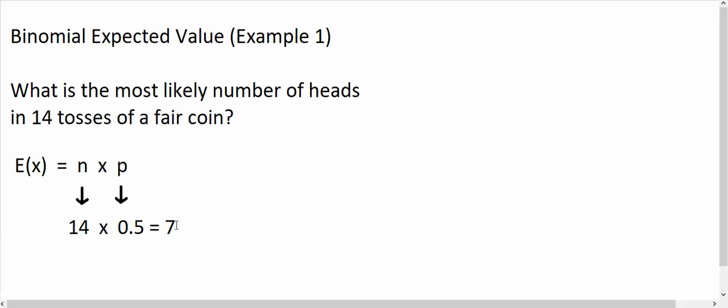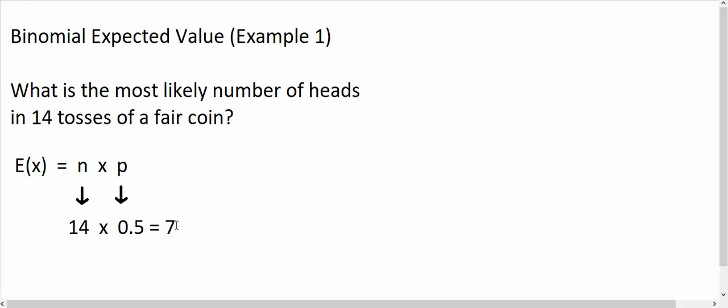And the last point I wanted to mention is that the actual outcome, or the outcome that's observed, is more likely to be close to the expected value in a large number of trials. So if one person tosses a coin 4 times and another person tosses a coin 100 times, the second person is more likely to get something close to the expected value of half heads because remember, larger samples tend to be more accurate.